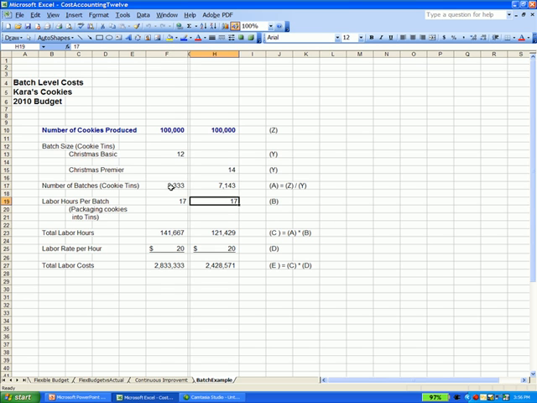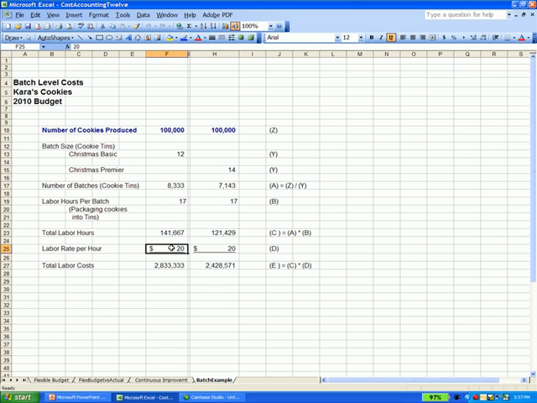We multiply the number of batches times the amount of hours per batch, and we get total labor hours. And you can see, since we have more tins for the basic cookie tin, we spend more hours, roughly 141,000 versus 121,000. Finally, we're going to take how much we are paying people per hour to put those tins together.